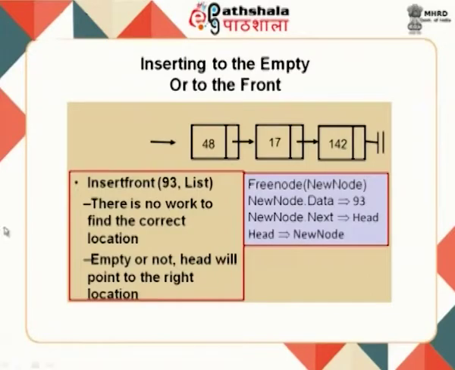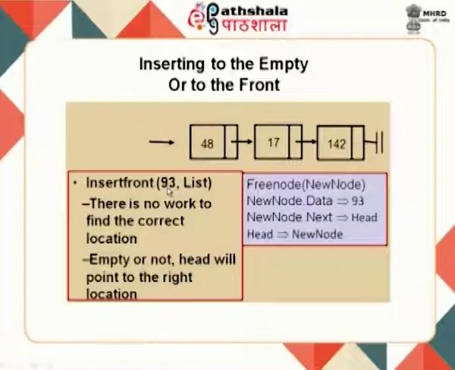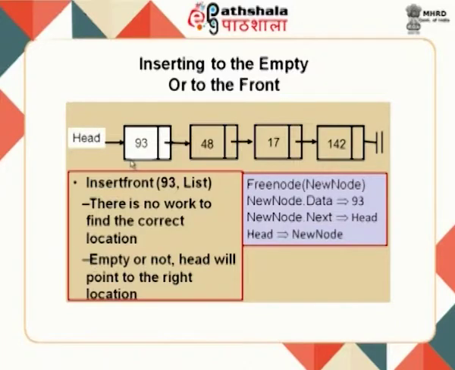So, we will look at this. Suppose this is insertion in the front. I want to insert 93 into this list. Head is initially pointing to this. There is no work to find the correct location, because head will always point to the first node, empty or not. So, I take a free node.